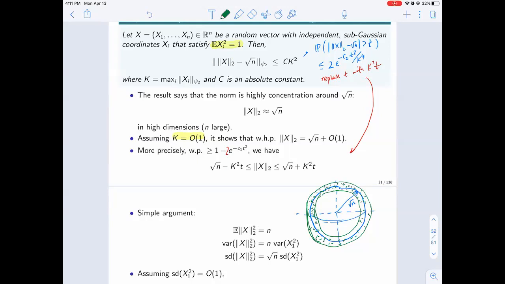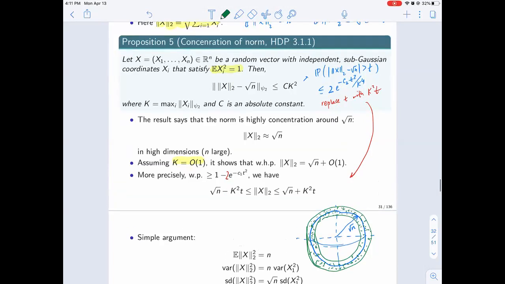A sub-Gaussian random vector of independent coordinates is random, but not in terms of its norm. Its norm is very sharply concentrated. The direction is sort of random, but with high probability it's not going to be found near the origin. It's going to be found near the shell, partly because of this normalization.